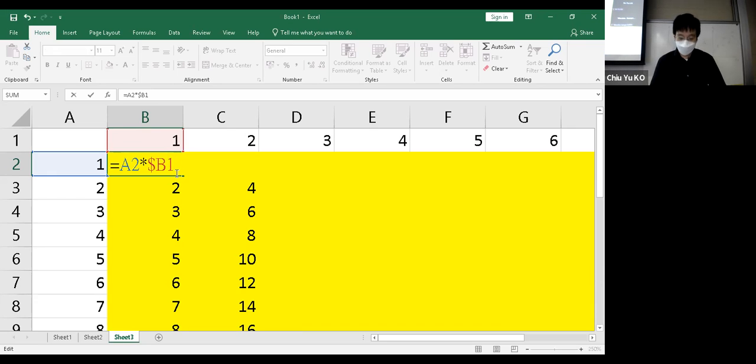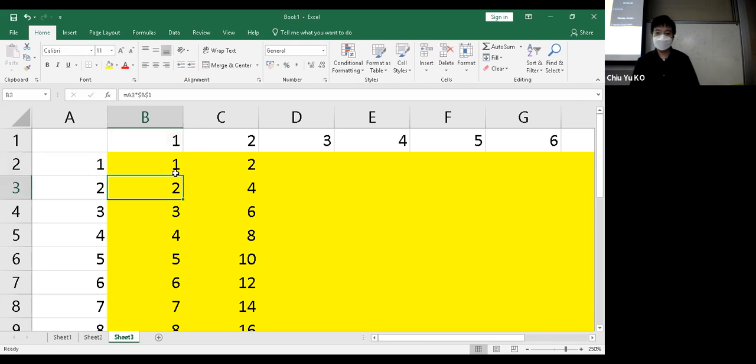The first number, you always keep the column the same, so you put only the dollar sign there. For the second number, you always keep the row the same, so you just need this formula. You copy all this, then you're done.